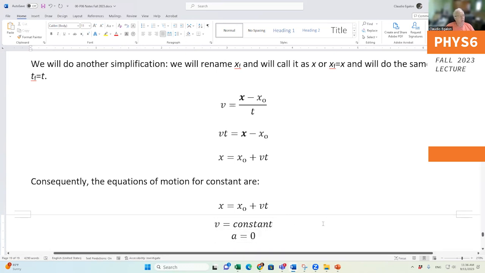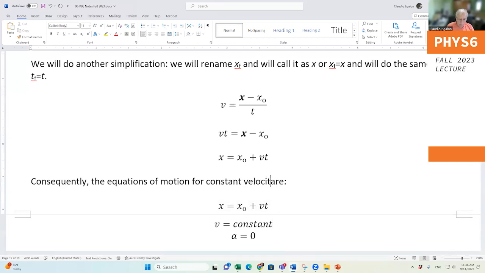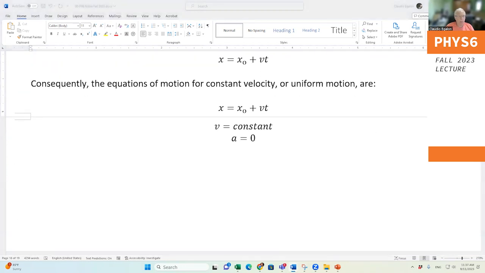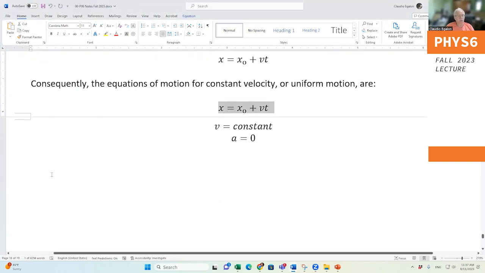Those are the equations of motion for constant velocity, or uniform motion. Simple enough. The x position is linear with t.